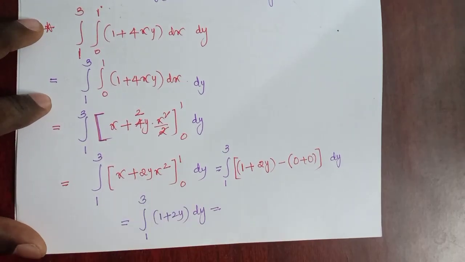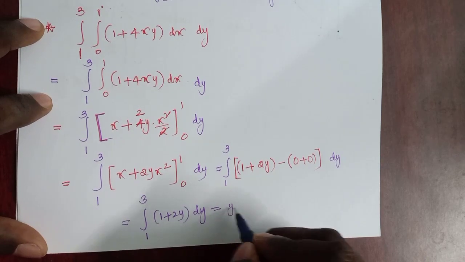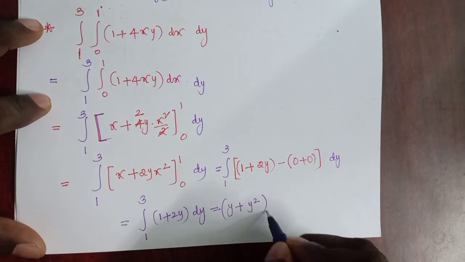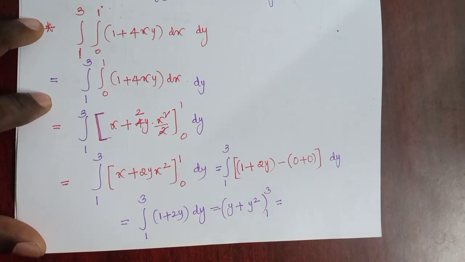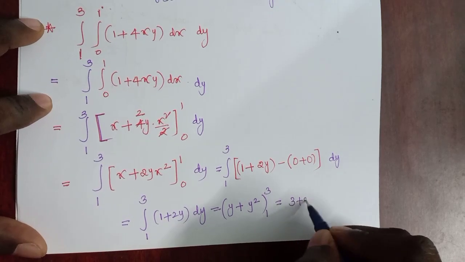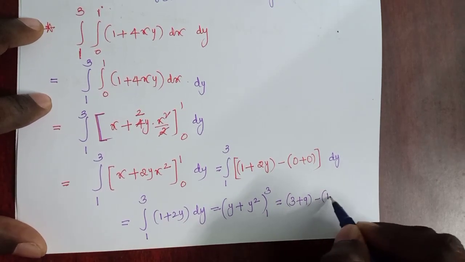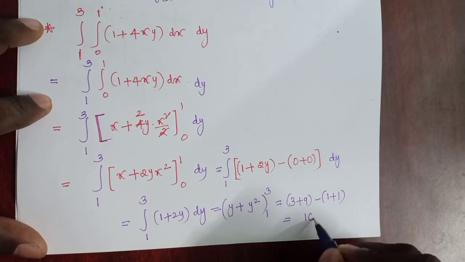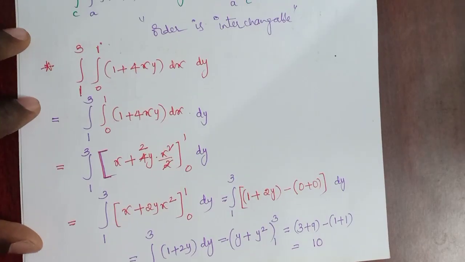Clearly, for 1 we have y, for 2y we have y square, and the boundaries are 1 to 3. Now substituting the boundaries, for the upper boundary 3 plus 9, and coming to the lower boundary 1 plus 1. So 3 plus 9 is 12, minus 2, which is 10.